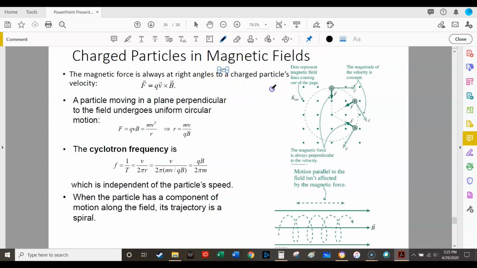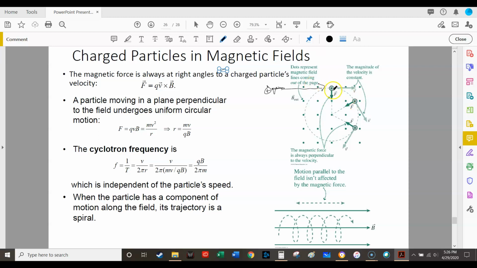So you have a charged particle moving along, it gets injected into a magnetic field. And here's the interesting thing about this. So this positive particle is given a velocity to the right, and it's being pushed into this magnetic field. And that magnetic field is going to be pointed out of the page.